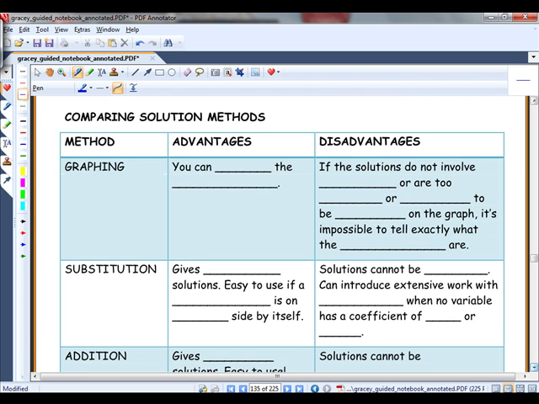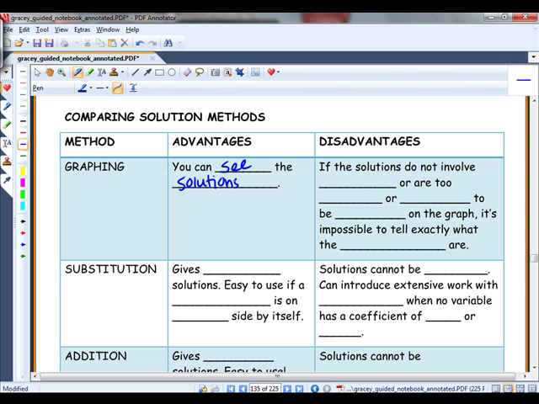Comparing solution methods. So here's where we start looking at the pros and cons of these methods. So the graphing method, you can see the solutions. So that's the good part about this guy.